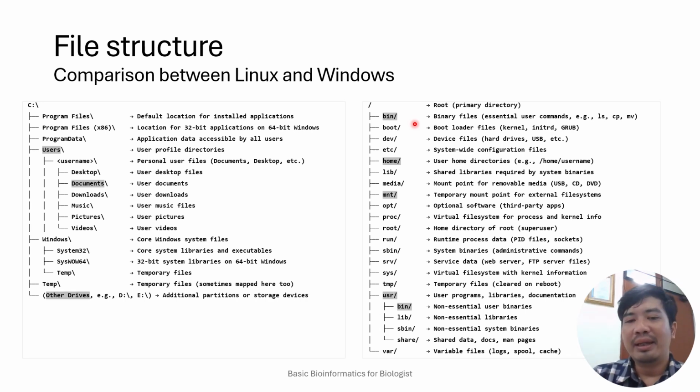And then you work on your files here, in home, and you spread other libraries across these folders based on their character. For example, if you need to store your font files, you put them in lib, something like that.